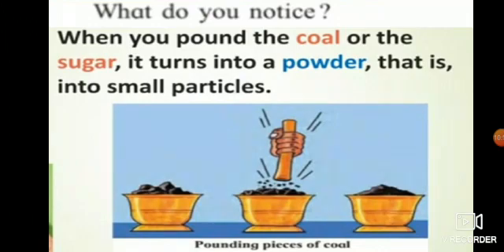So even sugar candy and coal are also made up of tiny particles. Sugar candy also we can do the same way, so it will also turn into powder. So they say sugar candy and coal are made up of very tiny particles.